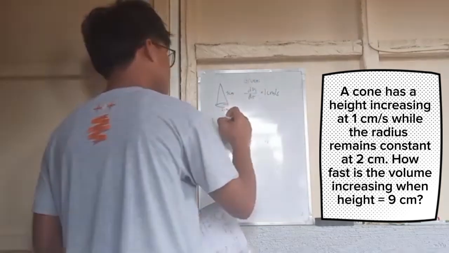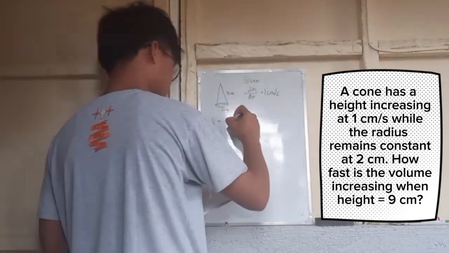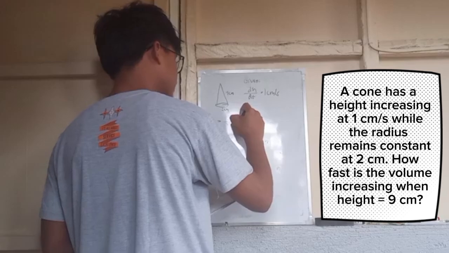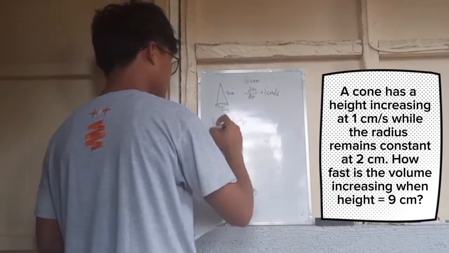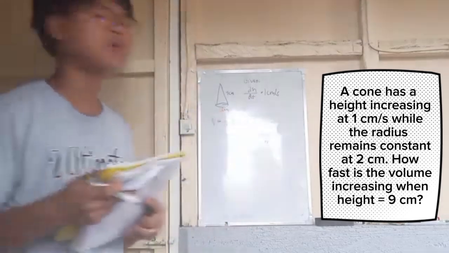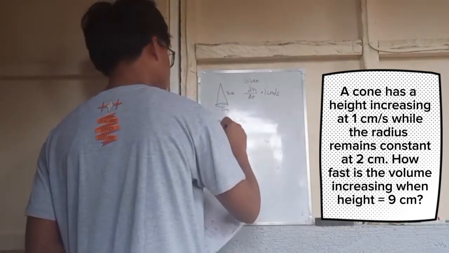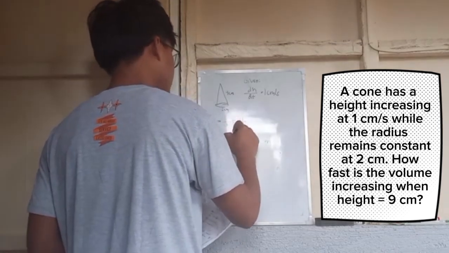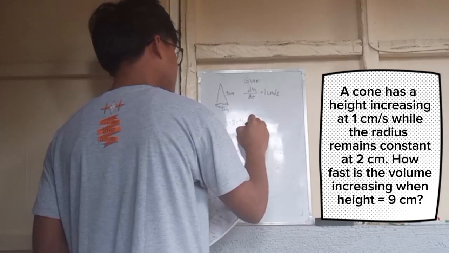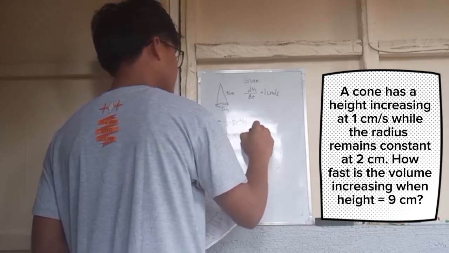So V is equal to 1/3 pi r squared h. Then differentiating the formula, we will come up to the value of dV over dt is equal to 1/3 pi r squared dh over dt.